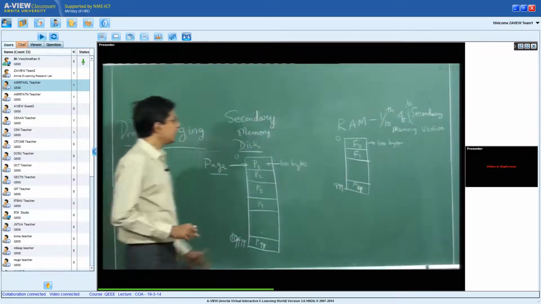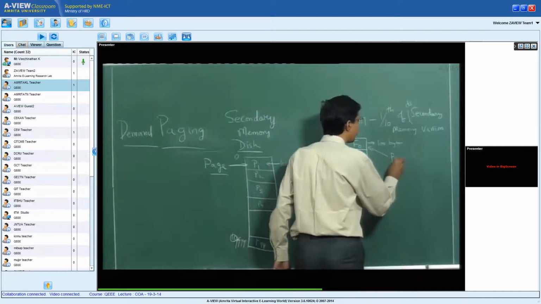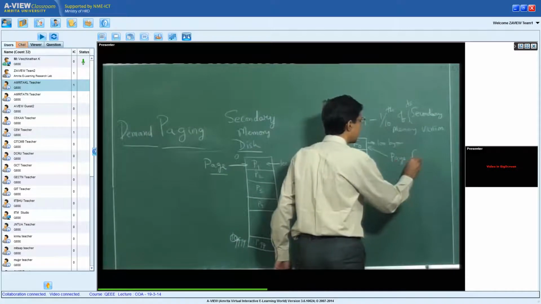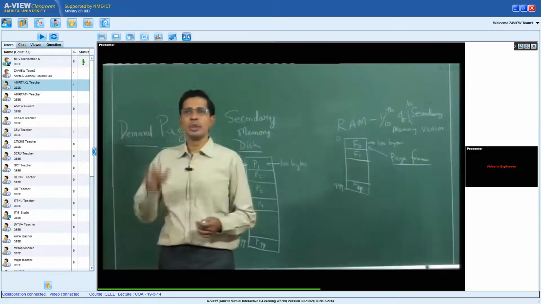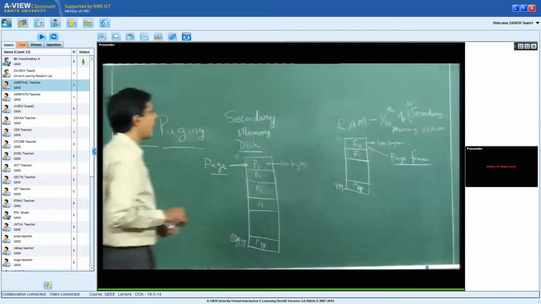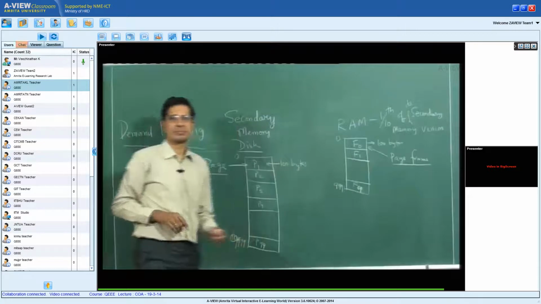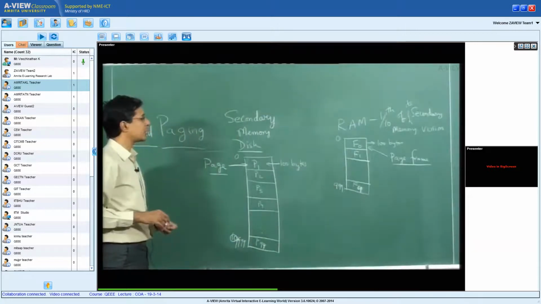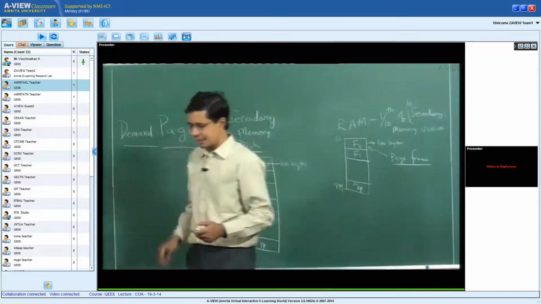Each of these F is called a page frame. In a photo frame, you put in a photo, you can put any photo you want. Similarly, in a page frame, I can load any page I want. That is why this is called a page frame, because I can put any page inside it.